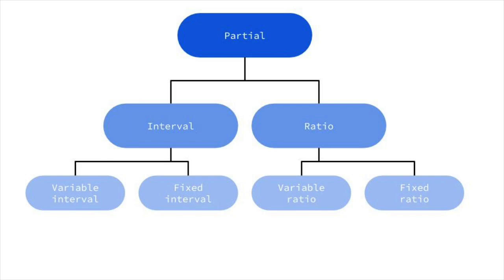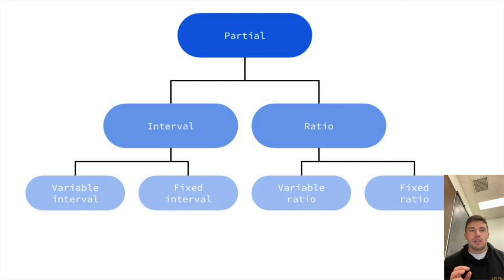On the other hand, consider a variable ratio schedule. It's a ratio scale, so it's determined by behavior. So variable in this case means that rewards arrive after varying numbers of the behavior. All this means is that a reward might come after 3 instances of the behavior, then the next reward after 5 instances of the behavior, and then the next reward after 2 instances of the behavior, and so on.